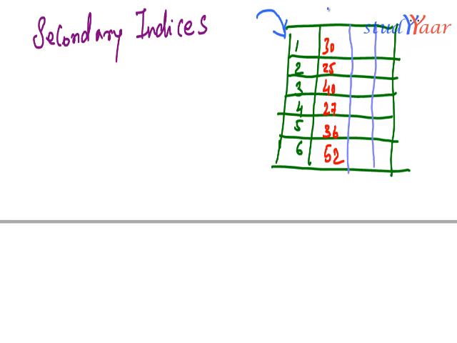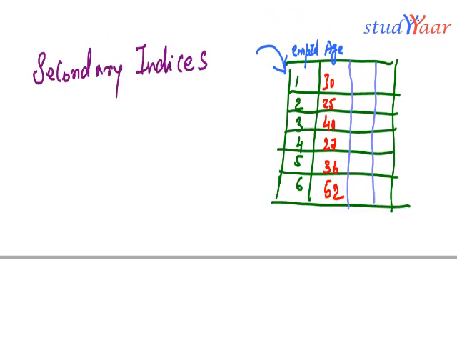Okay, so let's say this is employee ID. So if I create an index using employee ID, that would be a primary index. And if I create an index using age, then that would be a secondary index. Okay, because the age values are not arranged in any particular order.